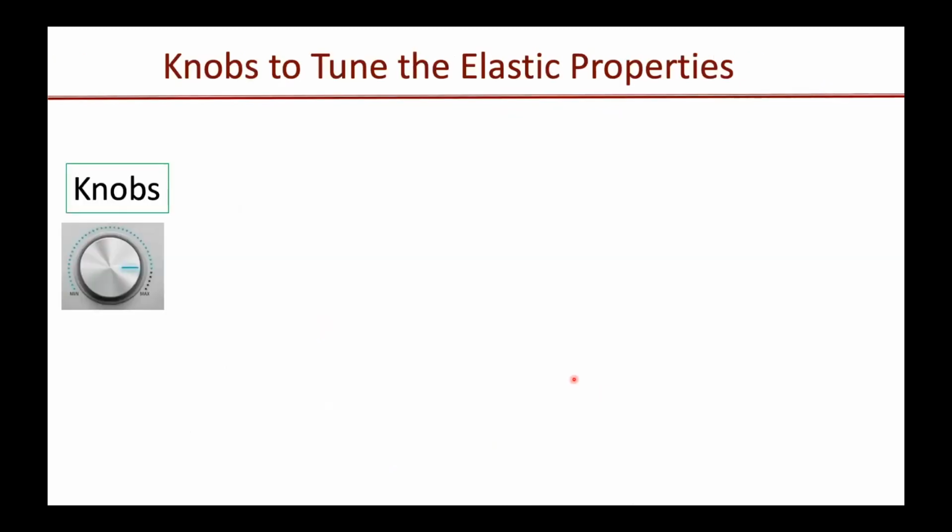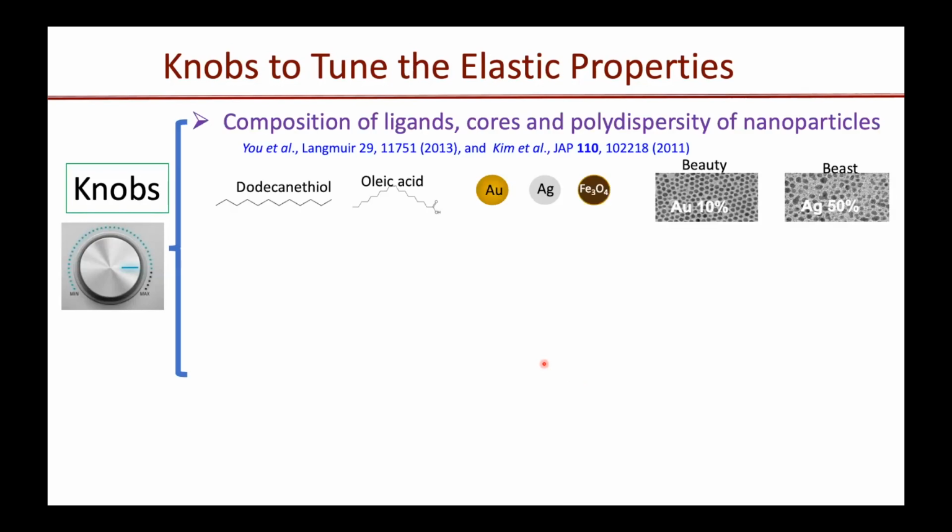Over the years, we have been interested in tuning the elastic property of those monolayers at the air-water interface. We found that many factors affect the elastic response, for example the composition of the ligands, the different types of cores, and the polydispersity.